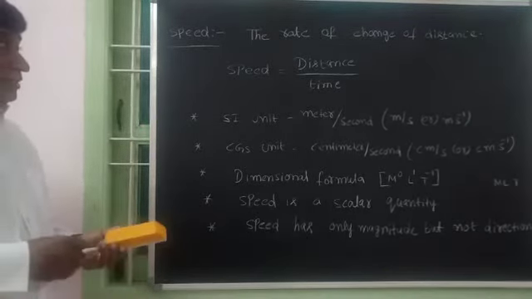For example, take average marks, which is the sum of individual marks divided by the total number of marks, giving some average. In the same way, total distance by total time can be expressed. The next one is instantaneous speed.